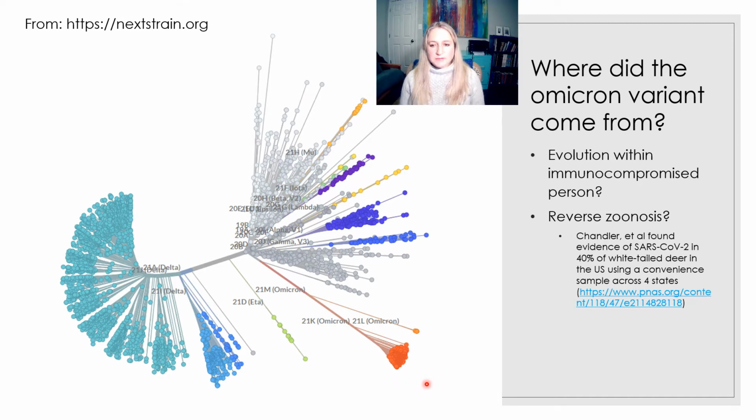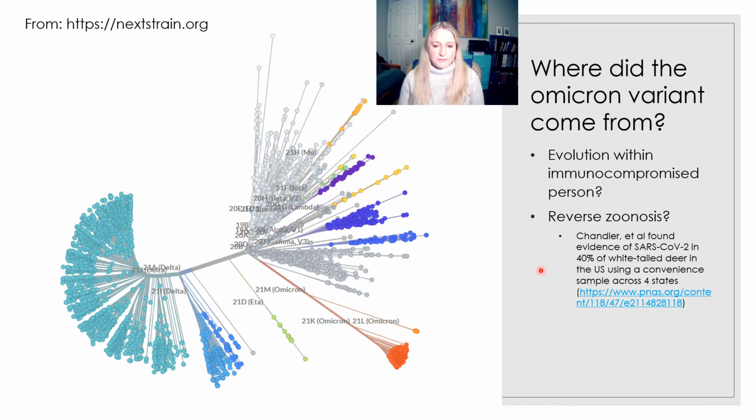And there's a lot of evidence actually that SARS-CoV-2 can infect animal populations. As one example, there's a publication by Chandler et al. that found evidence that SARS-CoV-2 was found in 40% of white-tailed deer in the United States.